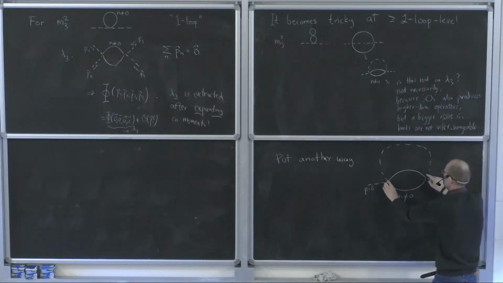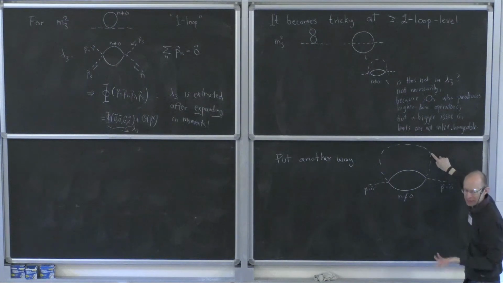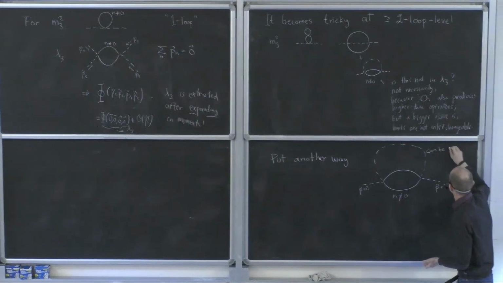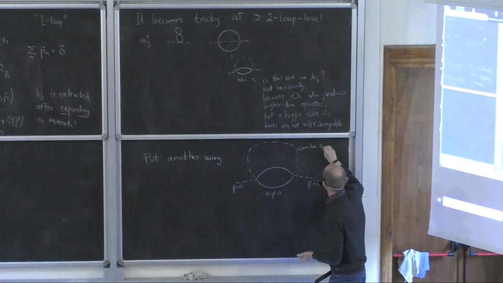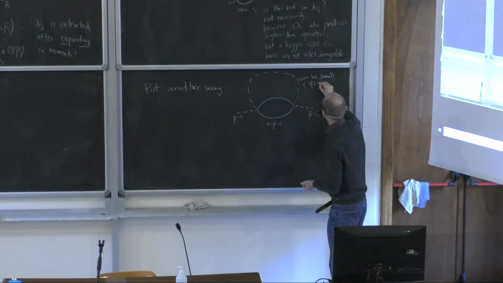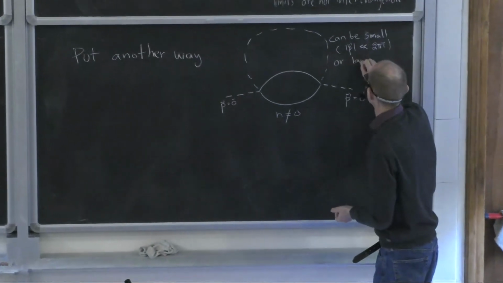If I'm computing, say, the mass as I wanted to compute here, then I can put p small here. I can even put zero momentum here, all fine. But the problem is that this guy here can carry momentum. And even though it's a zero mode, it can carry a very large spatial momentum. It can be small, much less than the scales we are integrating out, or it can be large.